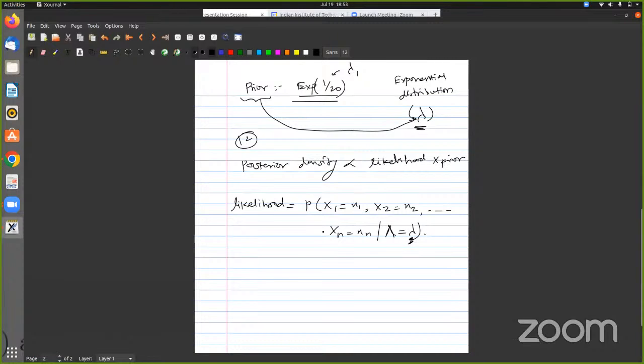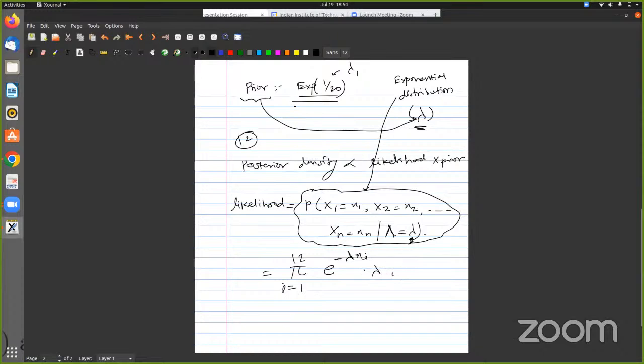So how do we calculate this likelihood? This is for the exponential distribution. It is the product for i equals 1 to 12 of lambda e to the power minus lambda x_i. This lambda is unknown to me.